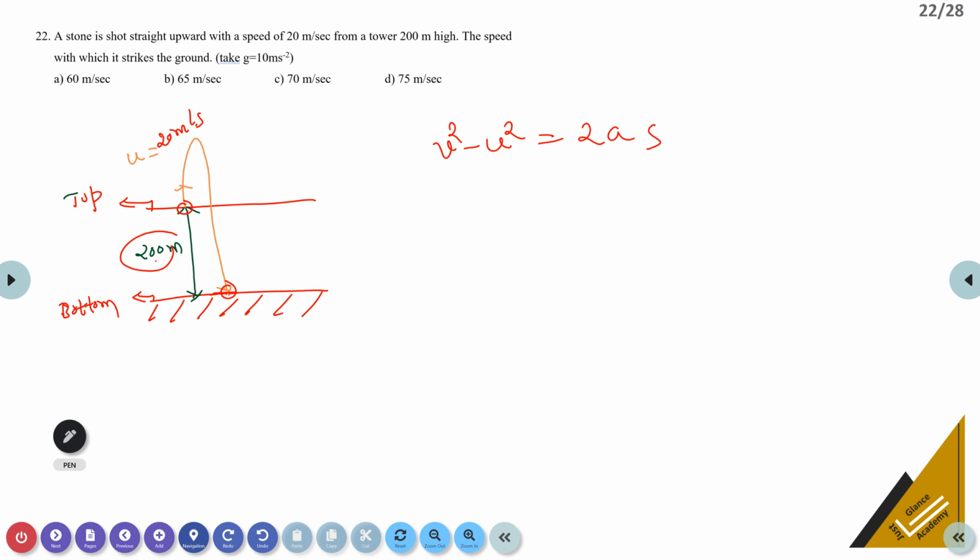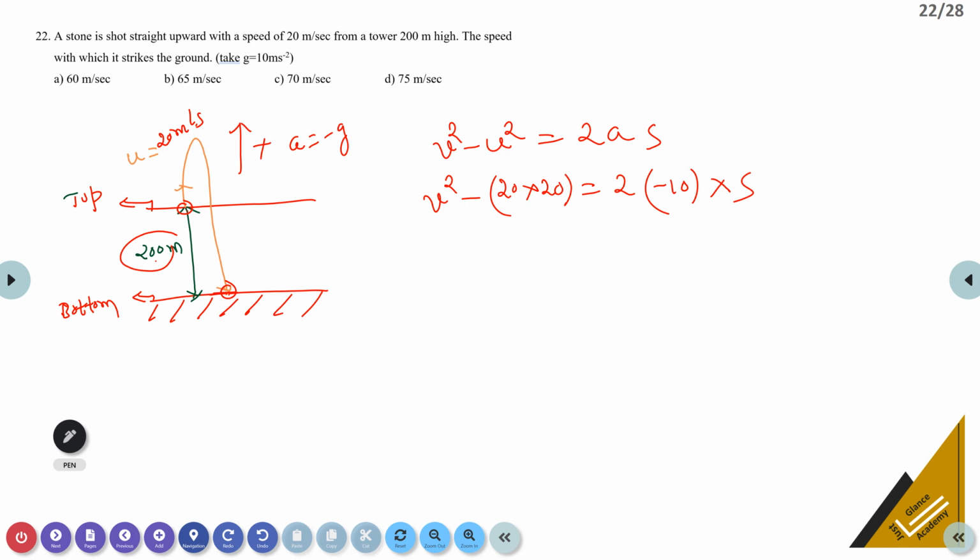Here I want to calculate the final velocity, v square minus u square. All upward motions are positive, I said that. So this becomes 20 into 20 equal to 2 into, here a is nothing but minus g, which is minus 10 into the displacement. Then substitute and simplify.